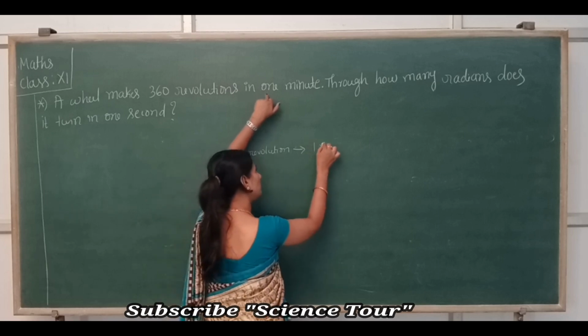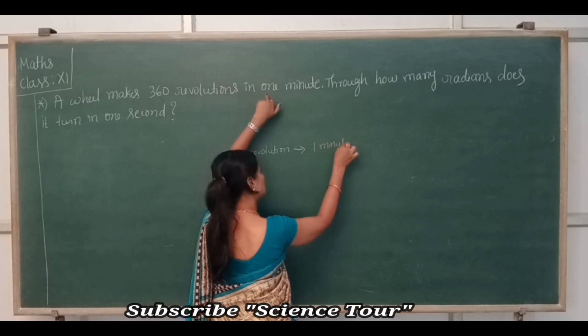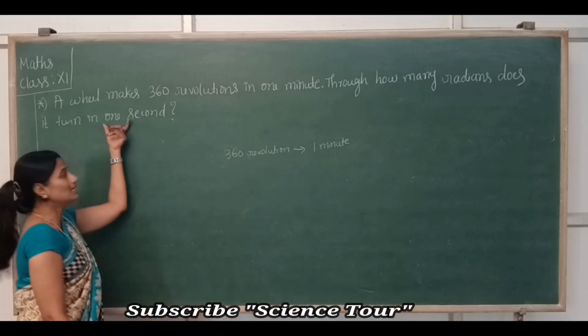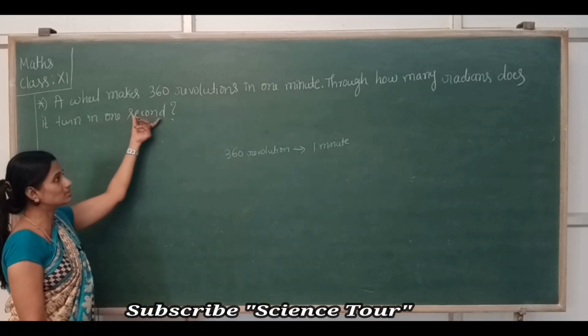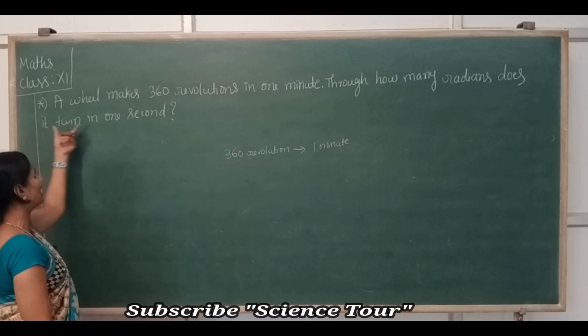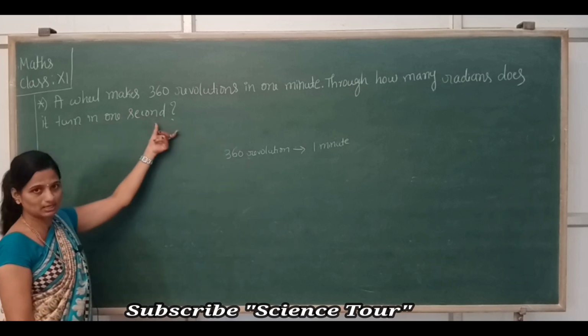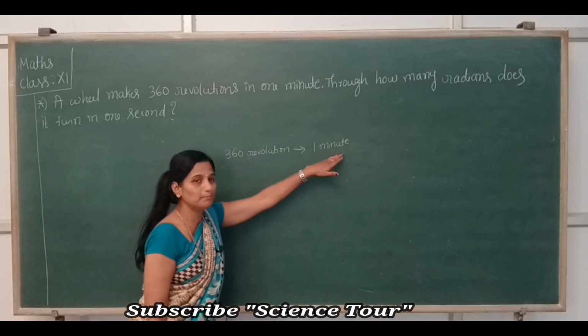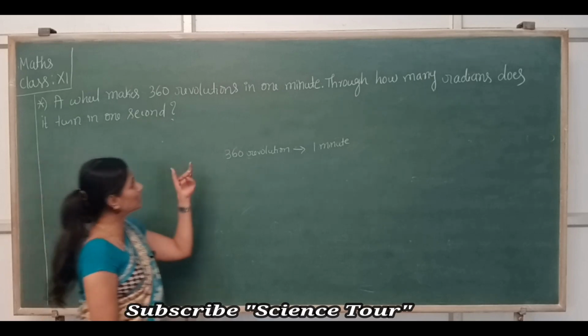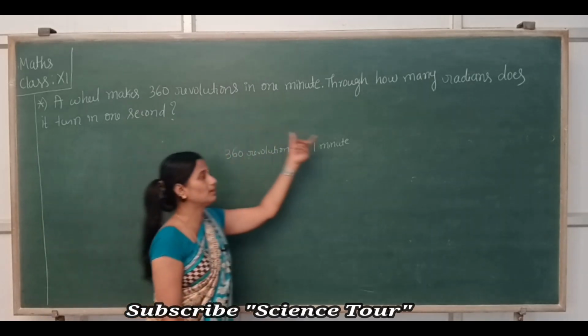For 1 minute. 360 revolutions for 1 minute. But finally we need the answer in 1 second. That means through how many radians does it turn in 1 second? I don't want the answer in minutes, I need it for seconds. So what is the relation between second and minute?